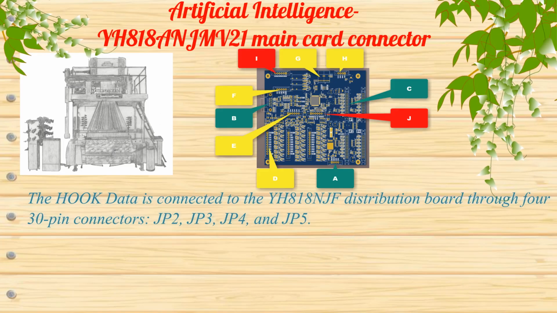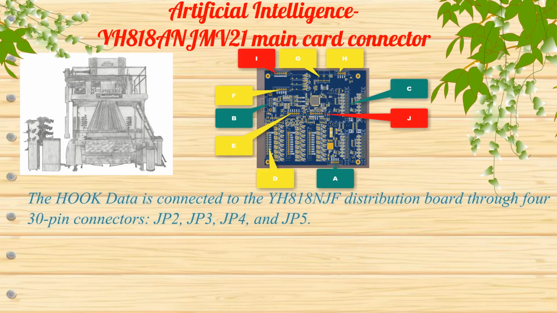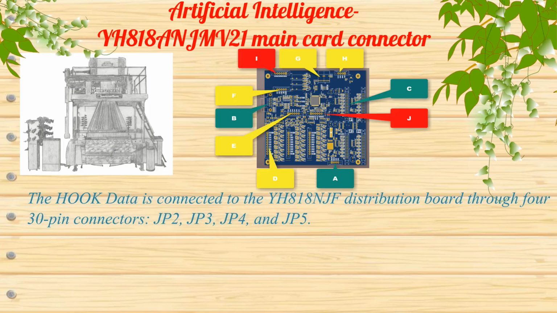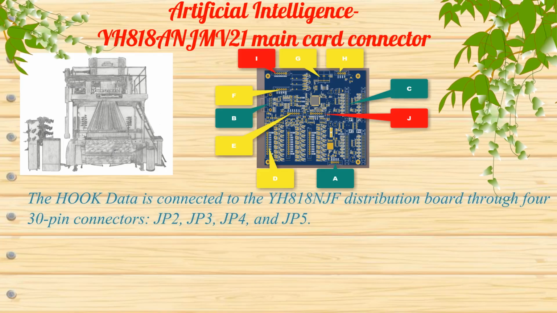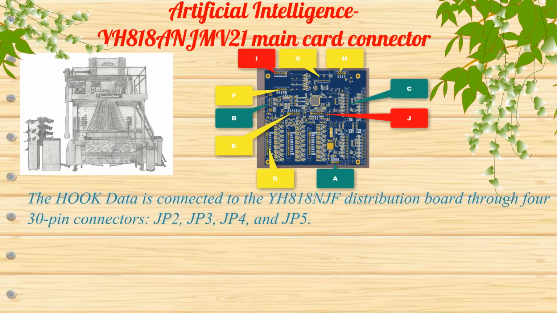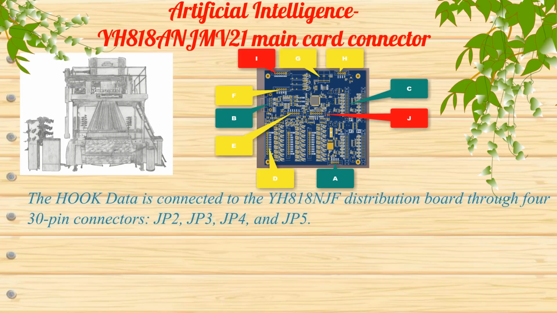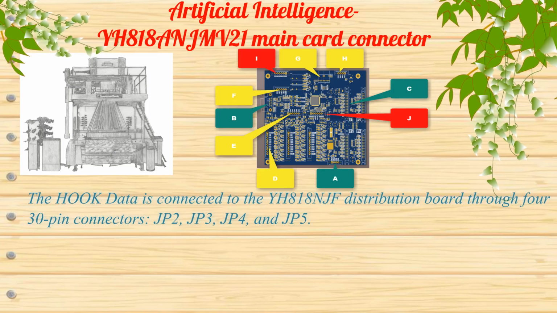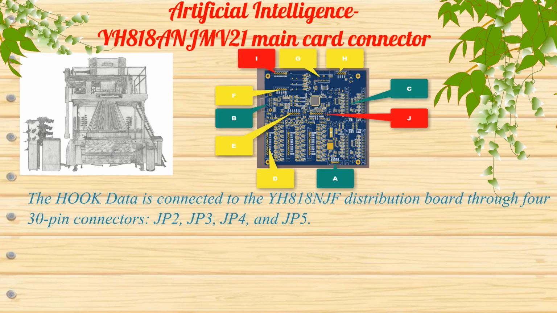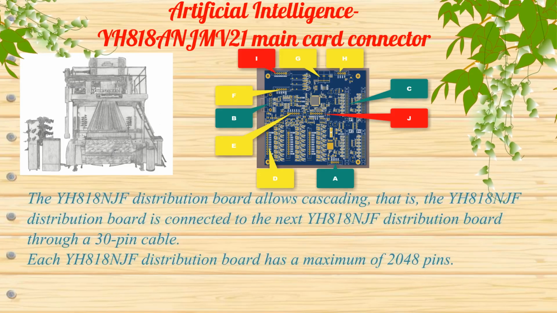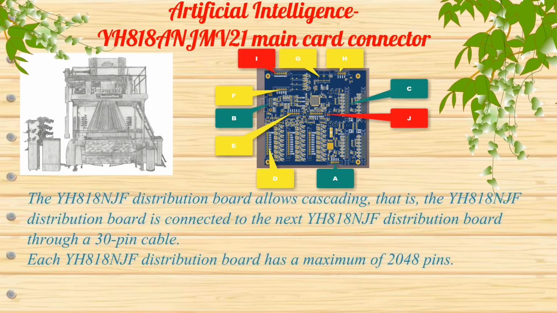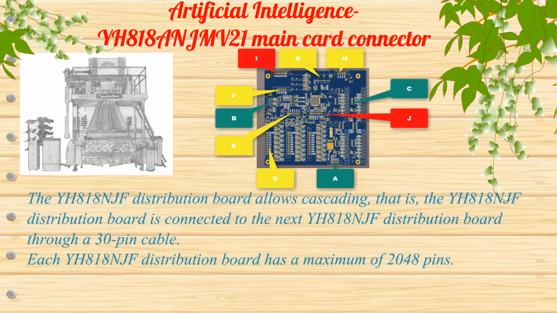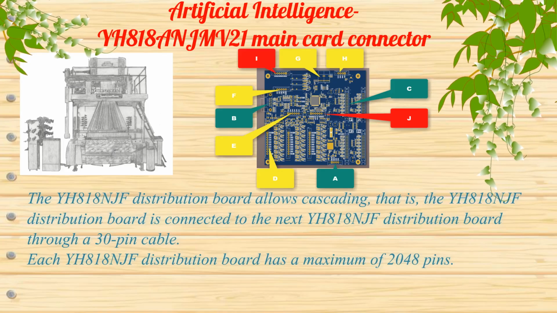The hook data is connected to the YH818ANJF distribution board through 30-pin connectors: JP2, JP3, JP4, and JP5. The YH818ANJF distribution board allows cascading.